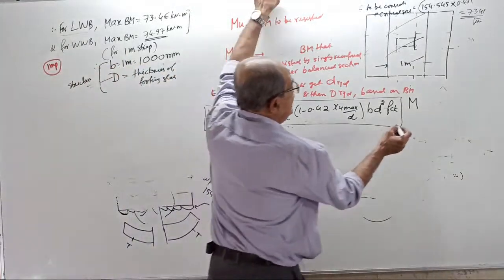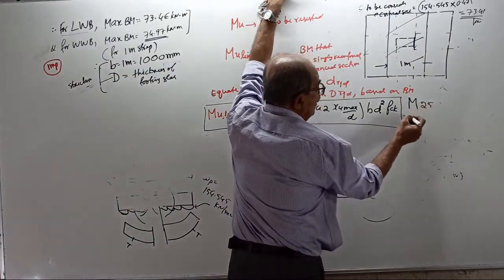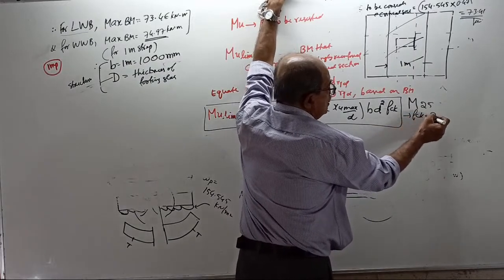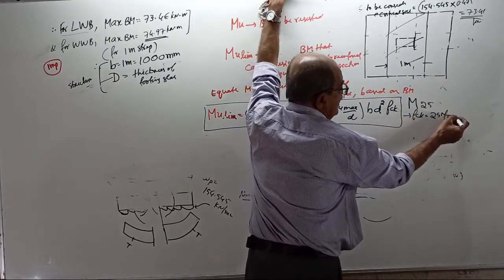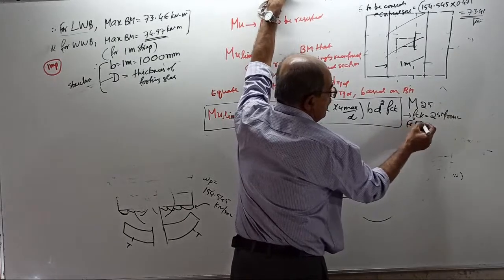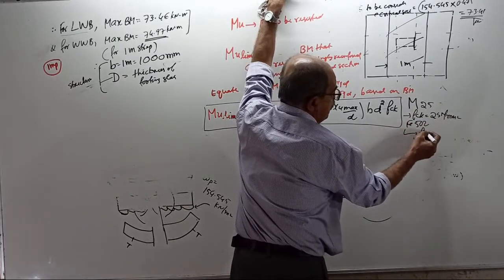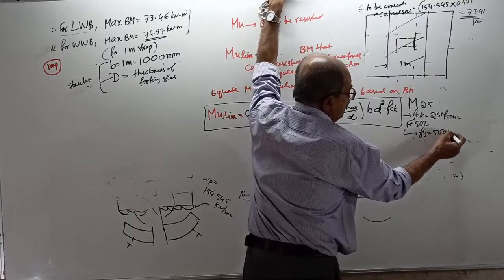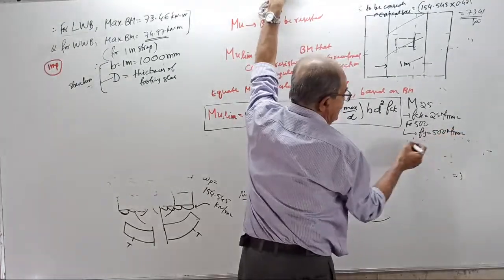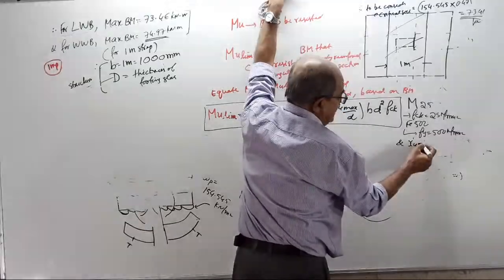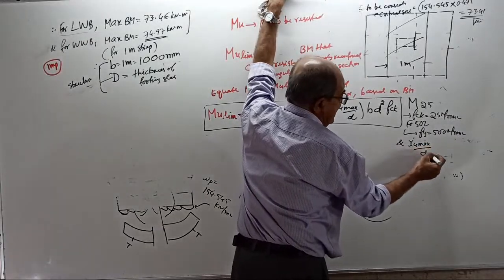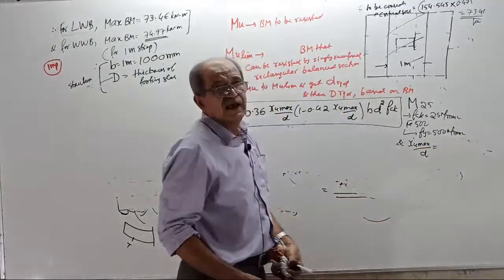We are taking M25 concrete, for which fck is 25 Newton per mm square, and Fe500 steel, so fy equals 500 Newton per mm square. Also, can anybody tell me what is xu max by d? Answer first.